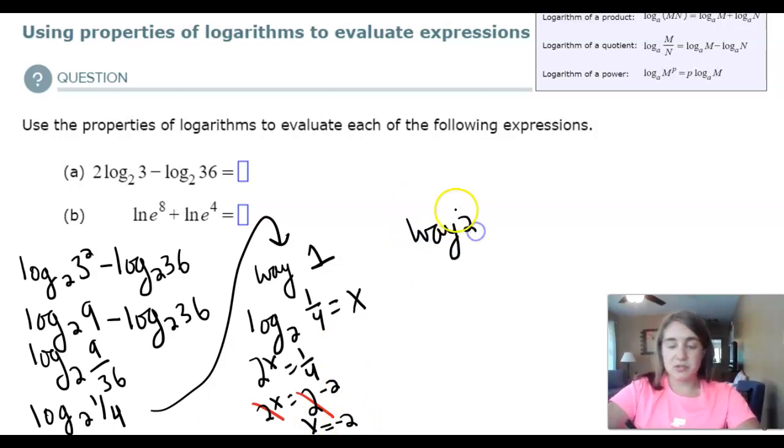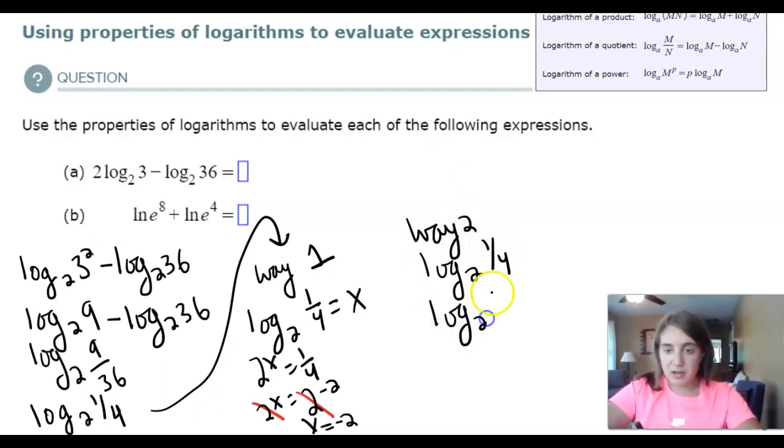Or I can think of it way 2. I would still have to write 2 to the 2, and I would still end up with -2.